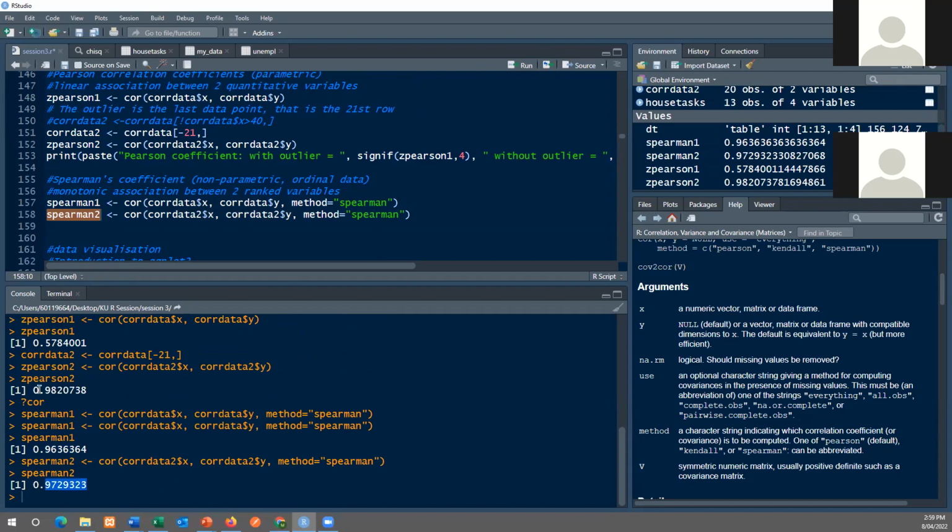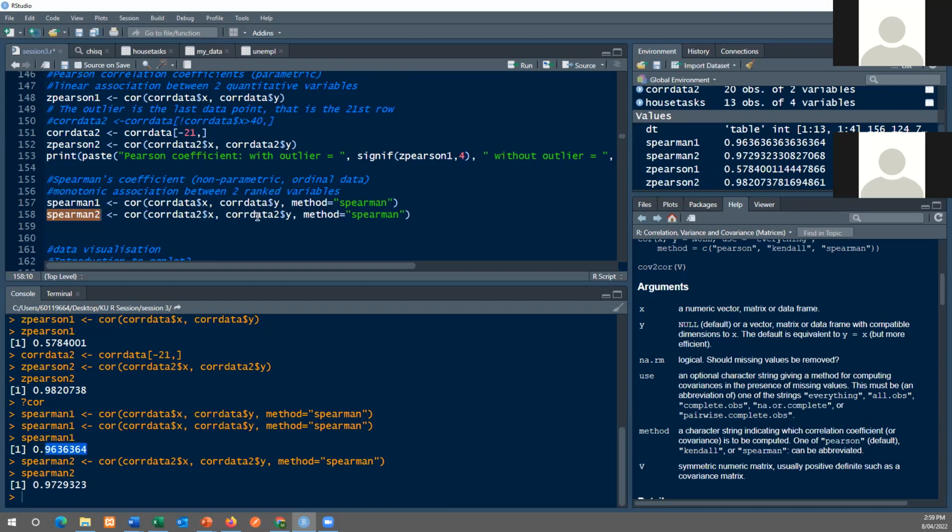Whereas the Pearson correlation was showing 0.98 after removing the outlier, but with outlier we got 0.57. So this is the difference.